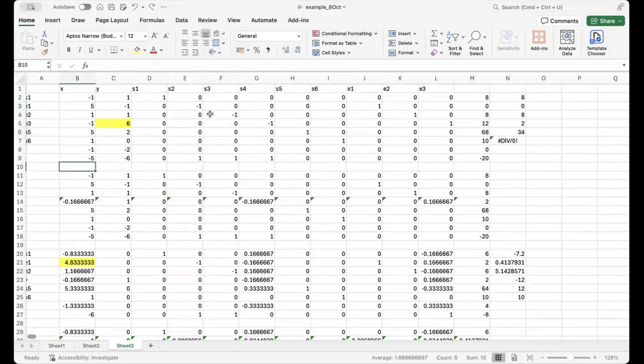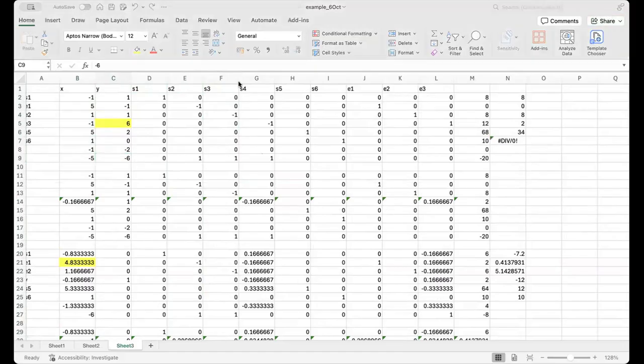W. Yeah, the W. How to write W? Yeah, this is how we write W.